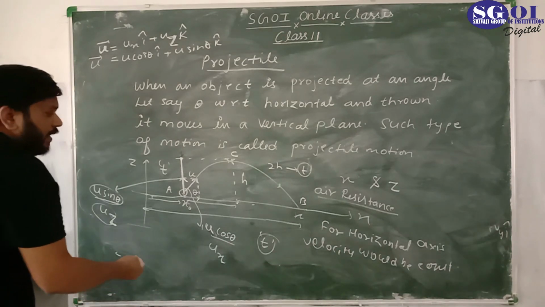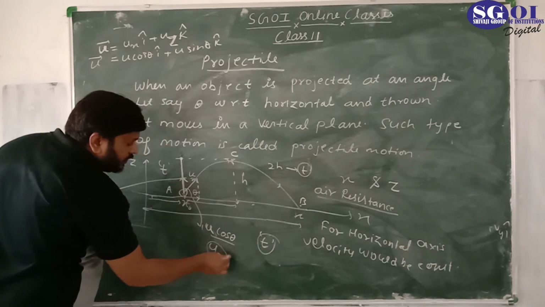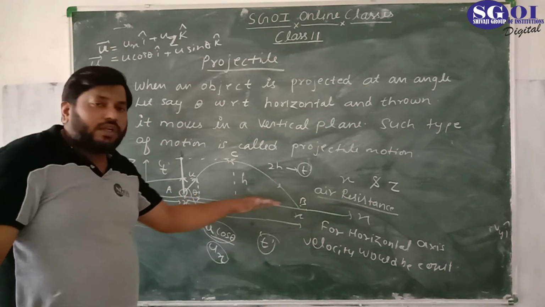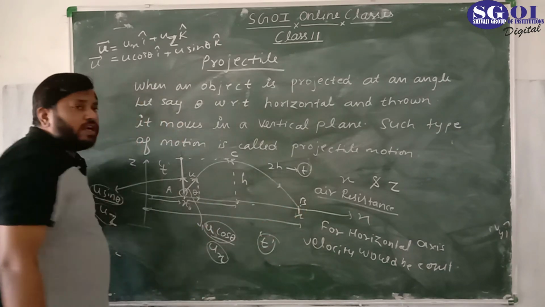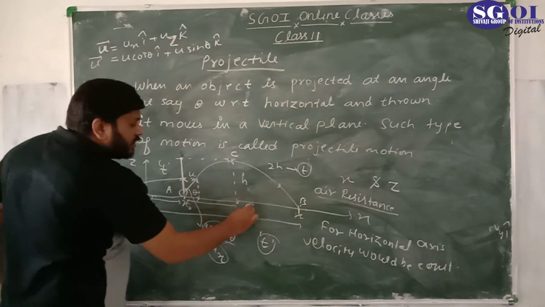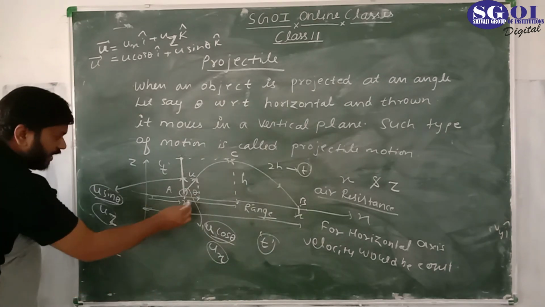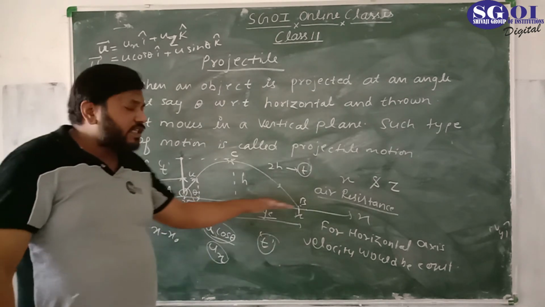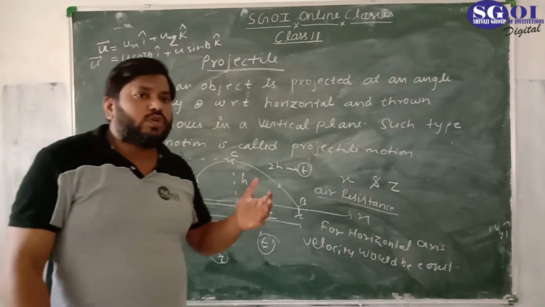So from here to here, when we solve for the x-axis, the velocity would not change. It would be u cos theta. If we want to find this distance from here to here, which is called range, and which is x minus x naught, simply because the motion in this direction is uniform velocity, we know that distance is equal to speed into time.